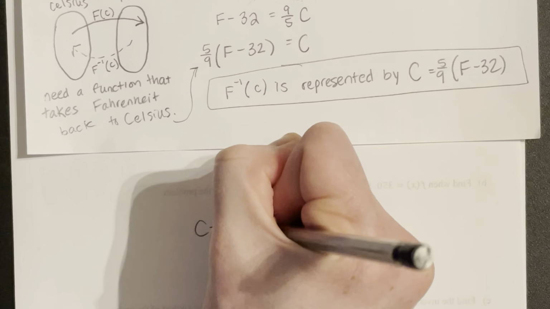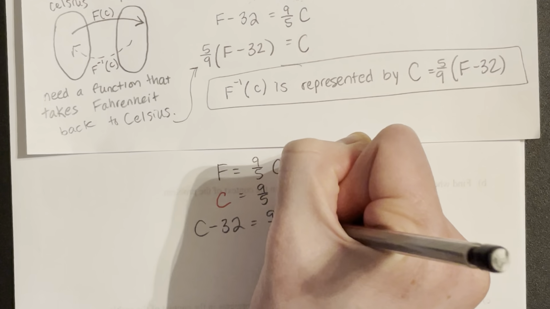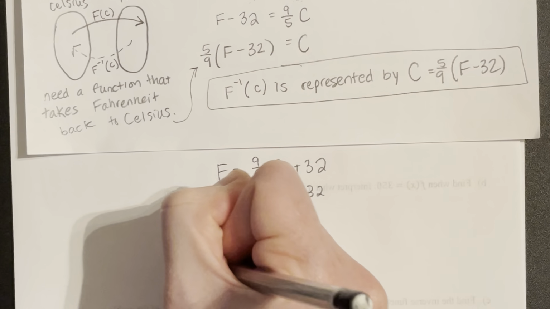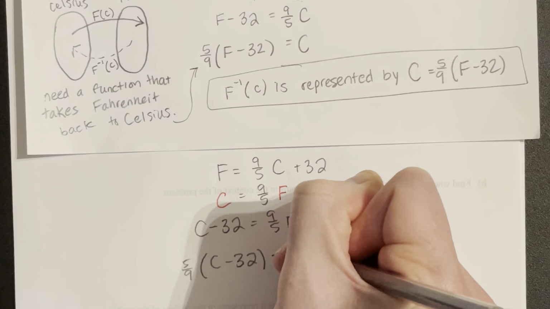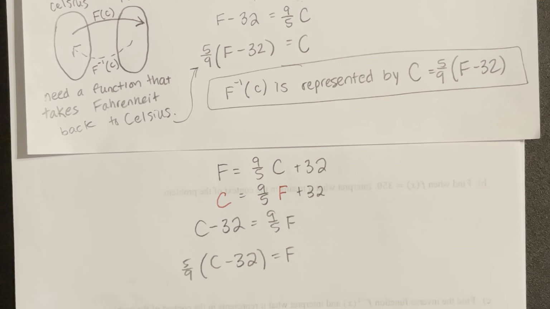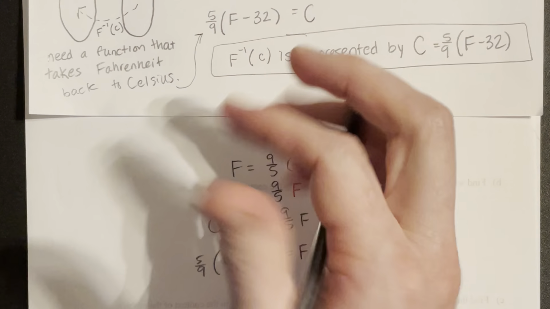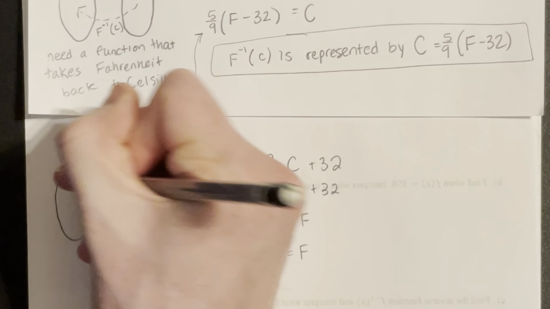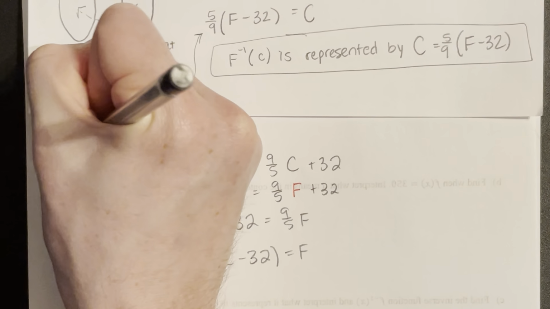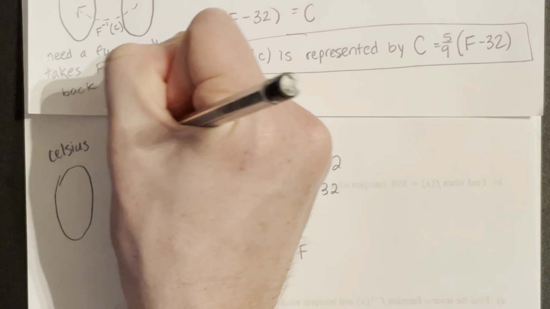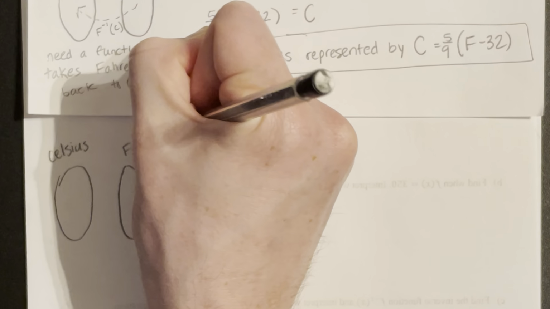Subtract, so c minus 32, times 5/9, equals f. Well, that's not really going to help us out. And the reason that doesn't help us out is because of this mapping. Remember, the original function took Celsius to Fahrenheit.